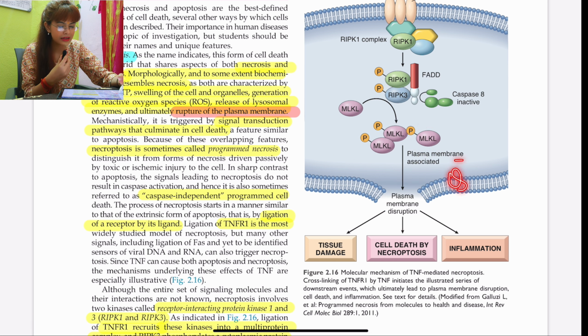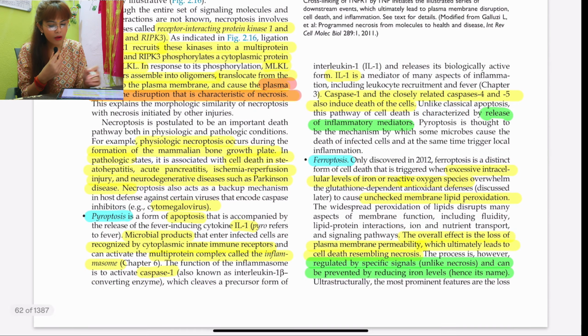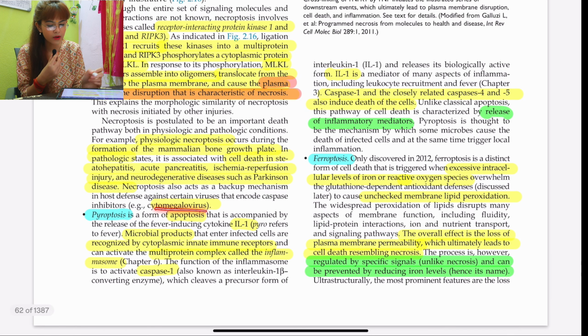So this is again an important MCQ. Okay? Now physiological necroptosis happens in the formation of the mammalian bone growth plate. So this is again an important question. Necroptosis is the process happening over here. Also in other conditions like steatohepatitis, acute pancreatitis, etc., and also in cytomegalovirus infection.